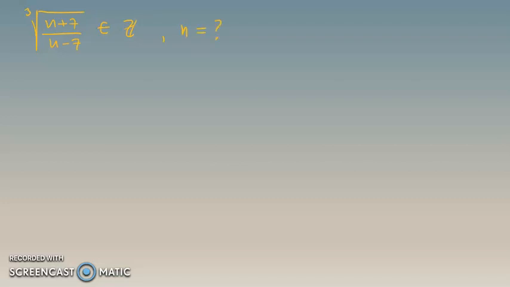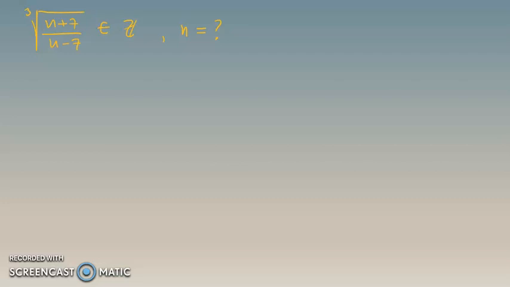Let's make a short analysis about this question. First of all, for the cube root of something to be an integer, we must have the expression under the root to be a cube. But in the first place, it must be an integer also.